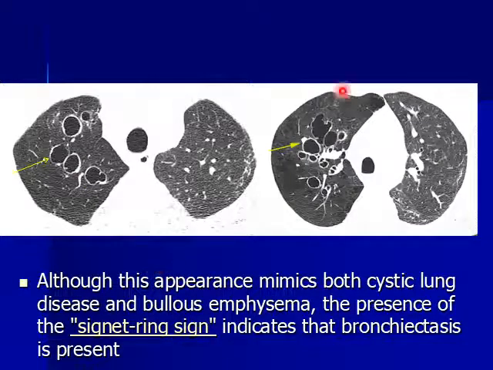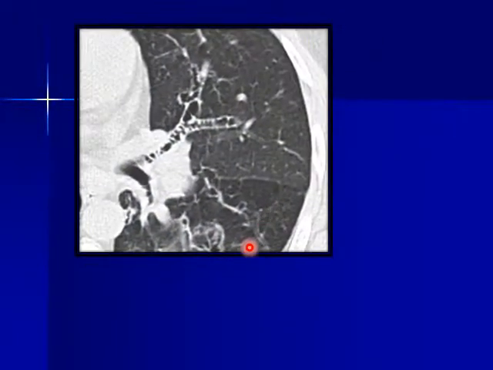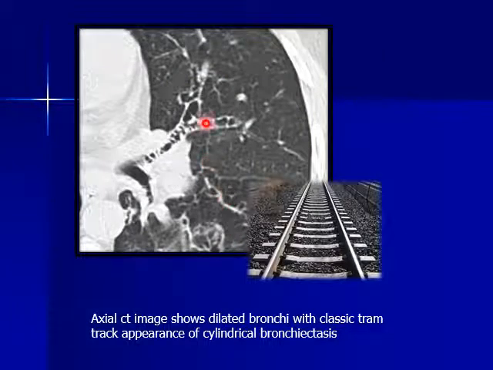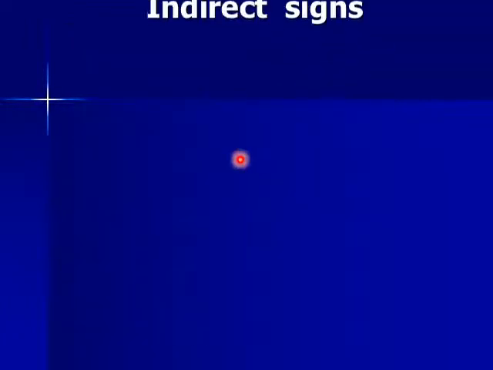Of course, we can use signet ring sign to differentiate bronchiectasis from just lung cyst, but sometimes we can fail to use this sign alone to differentiate.